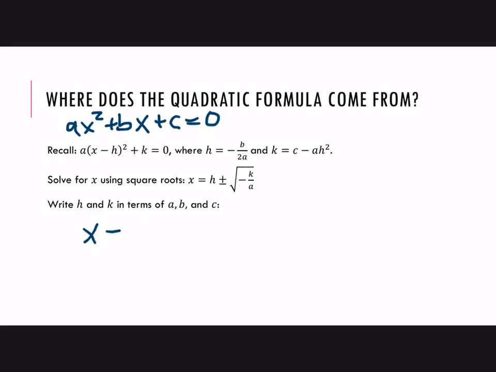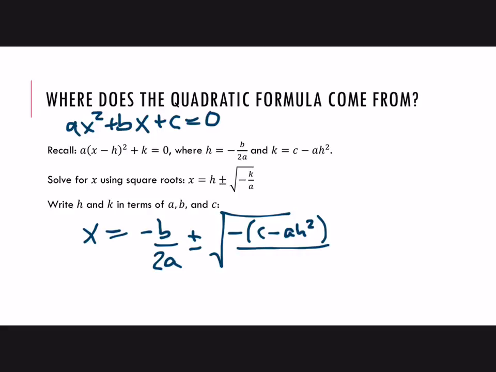So x equals, instead of h, I'll write negative b over 2a plus or minus the square root of negative, now k is c minus ah squared, over a. And now instead of h right here, I'm going to replace that also with negative b over 2a.